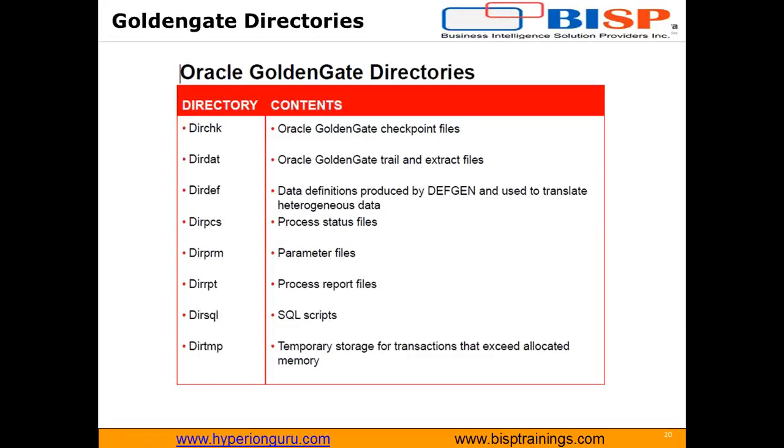So dir pcs, process status files. Whatever processes we create, your extract process, data pump process, or replicate process, all those are processes. Now they have some status. When they are running, it means there are no issues.